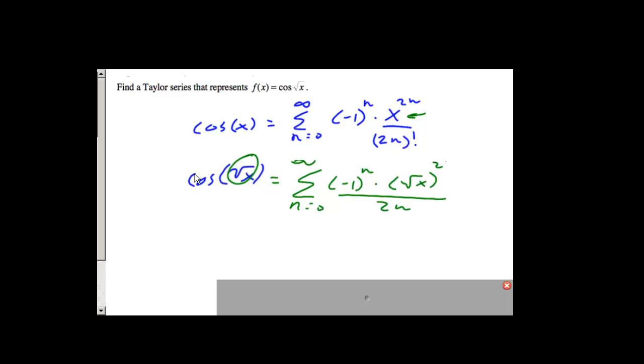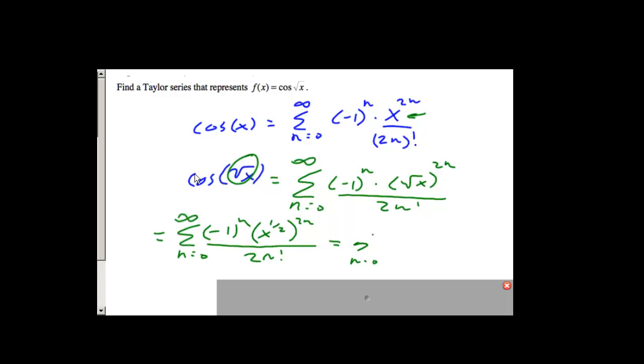Well, we know that root x we could re-express as x to the 1/2, because that's the same thing. And then that makes it a lot more clear that cos of root x could be expressed as the sum from n equals 0 to infinity of -1 to the n times x to the n all over 2n factorial.